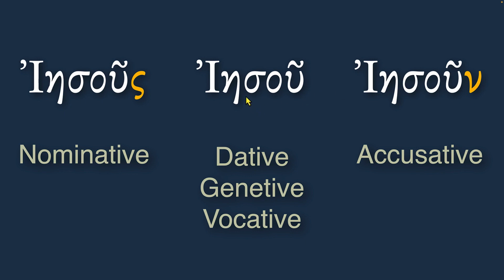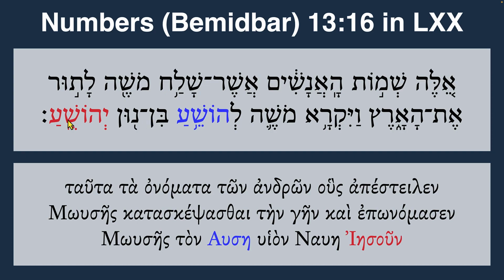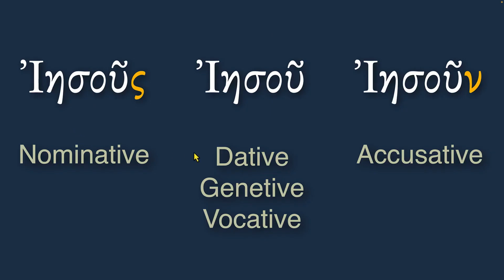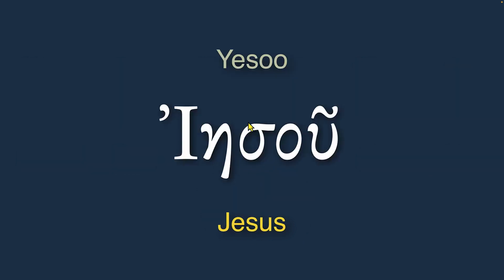So therefore, this form, Yesu, is the actual representation of the name Yehoshua. Yesu, which is of course the dative, genitive and vocative cases. All three cases are represented by that name Yesu. This is how it is pronounced, Yesu. And why is it Su and not Shu?